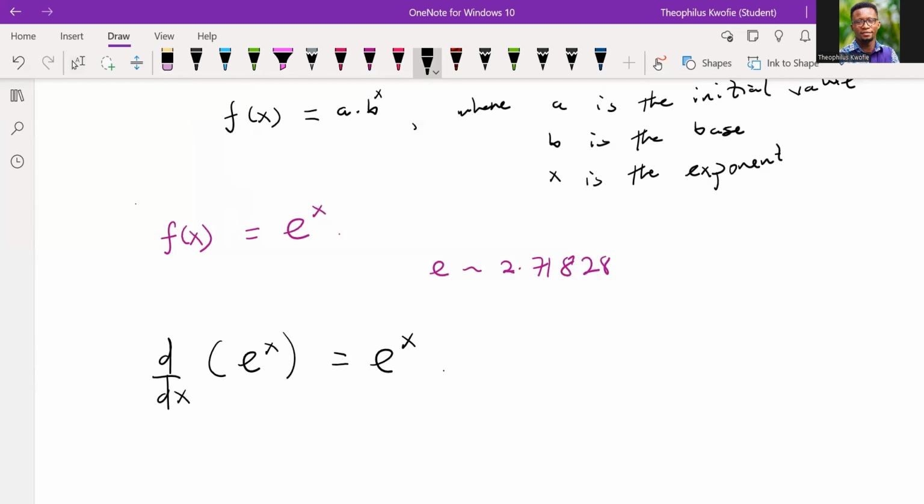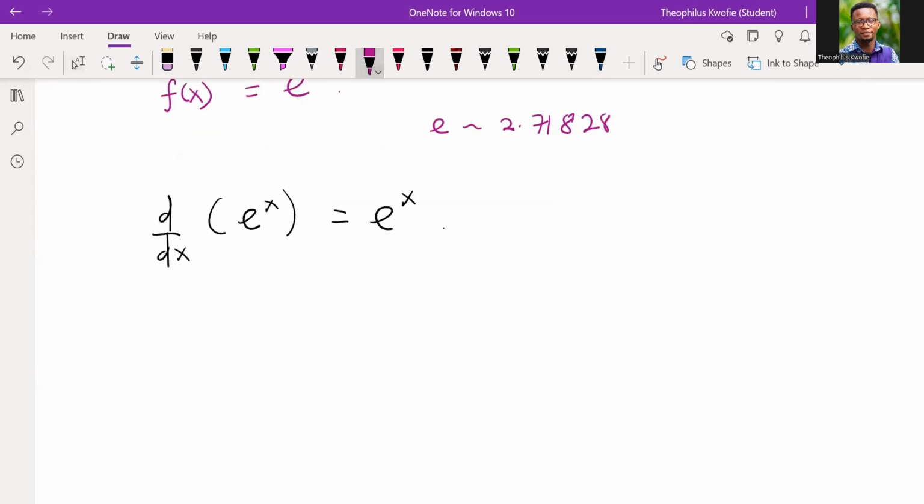I also want to mention that one of the most important, most relevant functions in mathematics is the exponential function. We claim that the derivative of the special exponential function e^x is itself, it's e^x. So please, let's take note of this. This is a very powerful theorem.